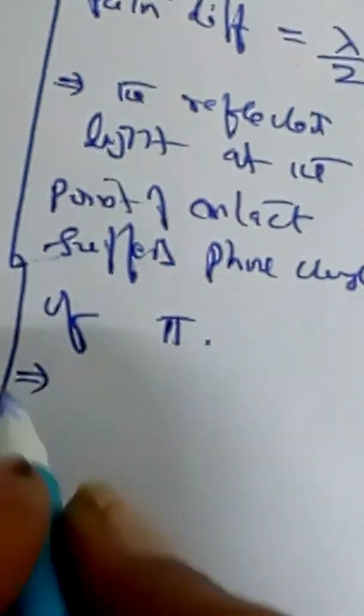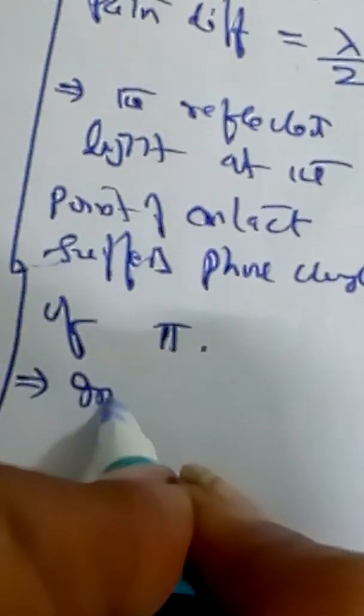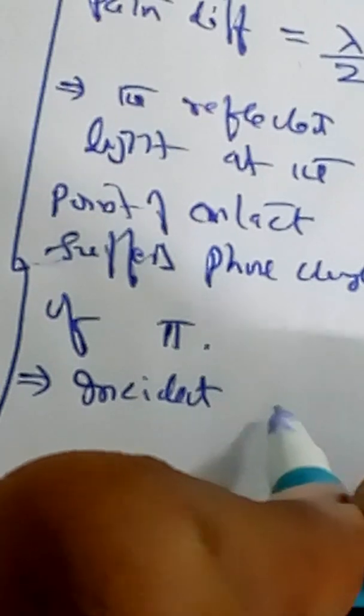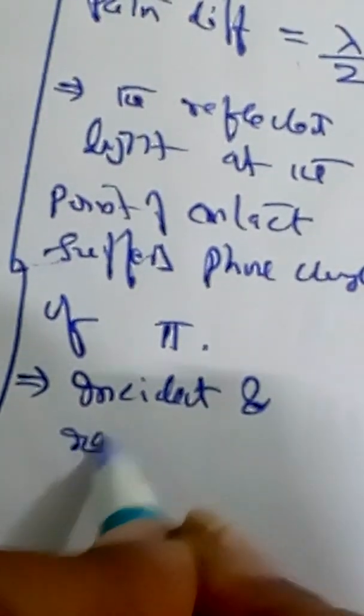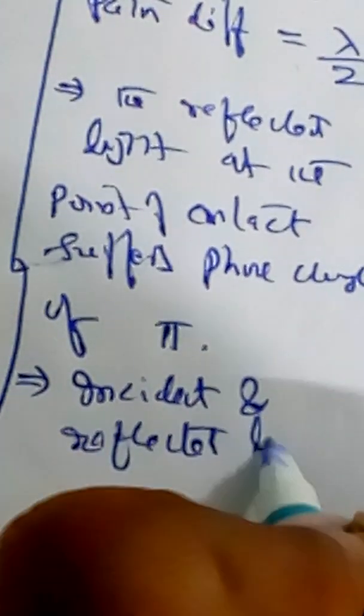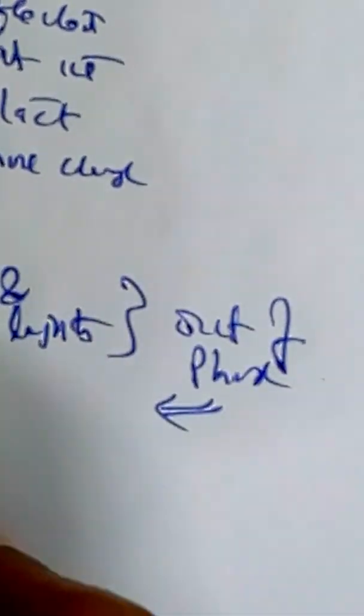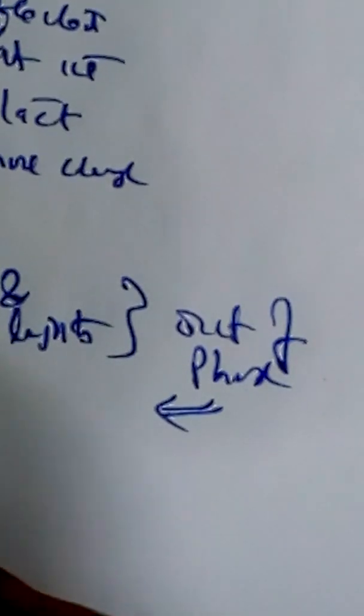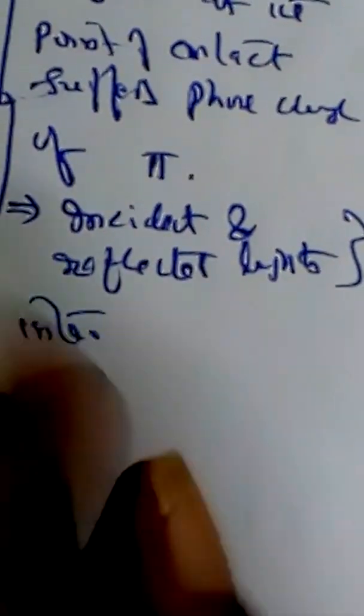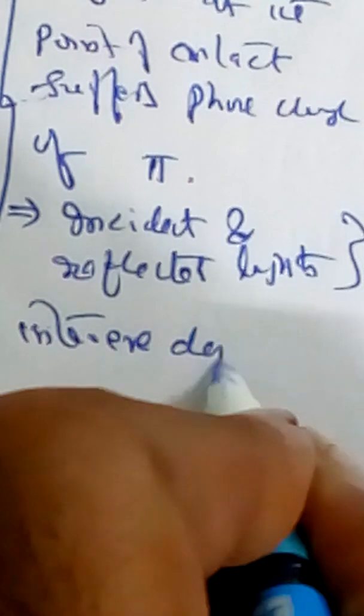As the phase change is pi, it implies the incident and reflected lights are out of phase. Out of phase means they interfere destructively.